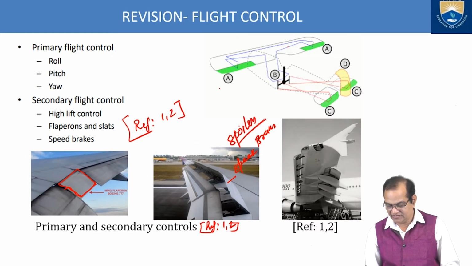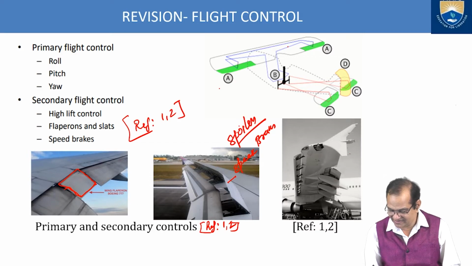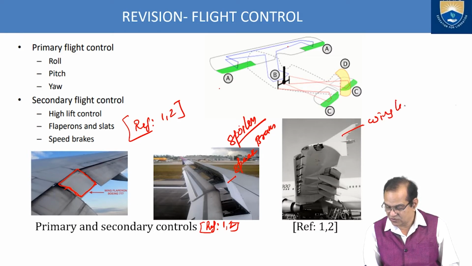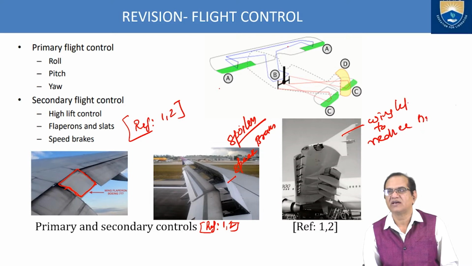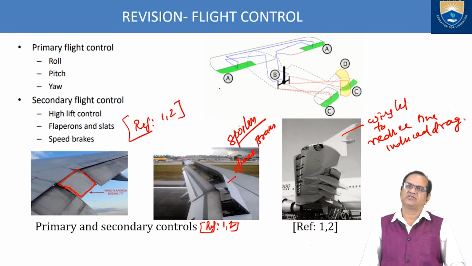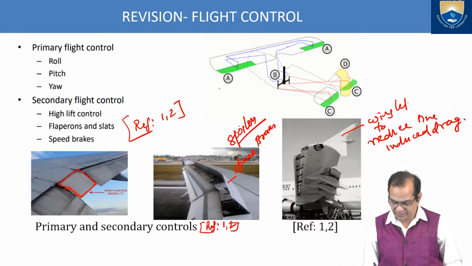So these are the things here. This is also the winglet, to reduce the induced drag. Okay, so these are the parts, and here it is a slat.